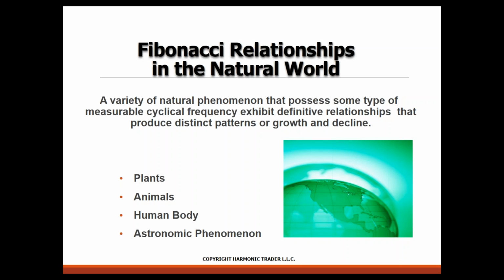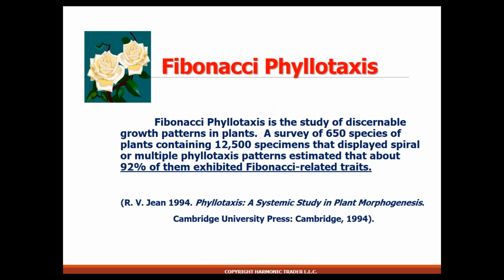When we look at Fibonacci relationships in the natural world, we can look at a variety of natural phenomena that possess some type of measurable cyclical frequency that produce distinct patterns of growth and decline. And this can happen in plants, animals, the human body, or even astronomic phenomenon. One of the clearest examples is Fibonacci Phyllotaxis, the study of discernible growth patterns in plants.